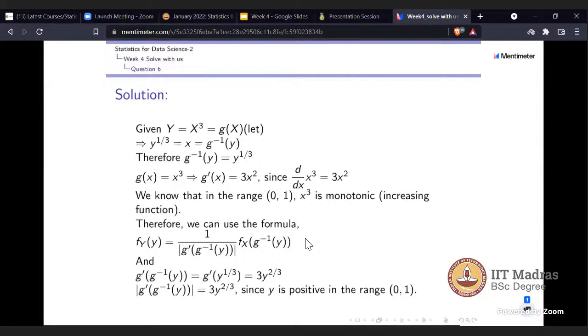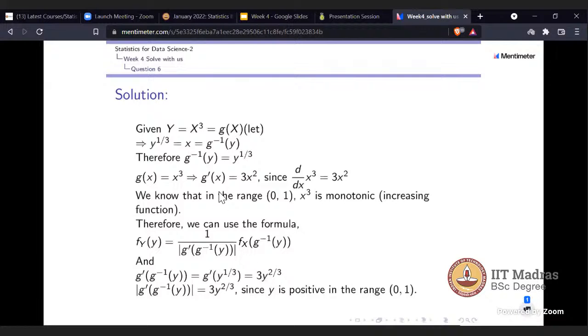Yeah, right. So fx of G inverse of y, we got to be 3 into y to the power 2 by 3, and G dash was 3x square, right? So G dash of y to the power 1 by 3 is going to be 3 y to the power 2 by 3. So it is going to come as 1, because both are equal.